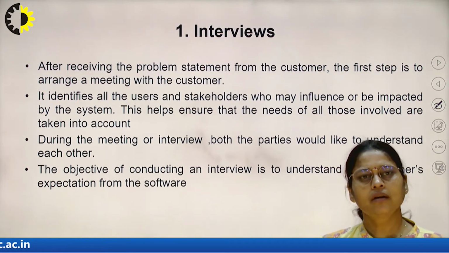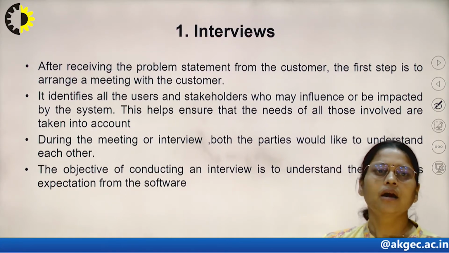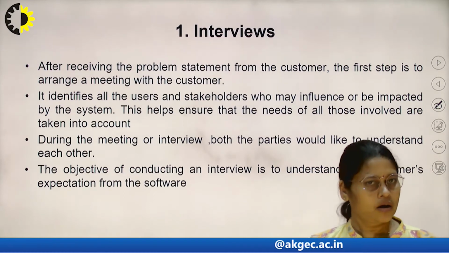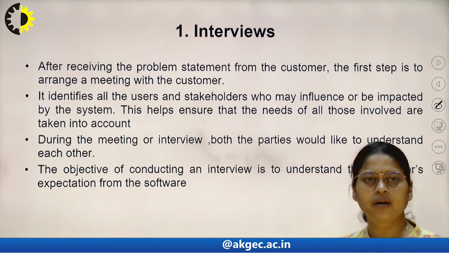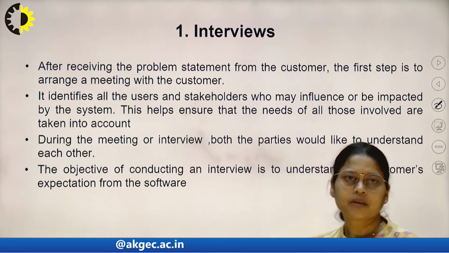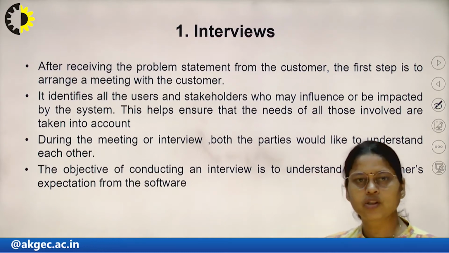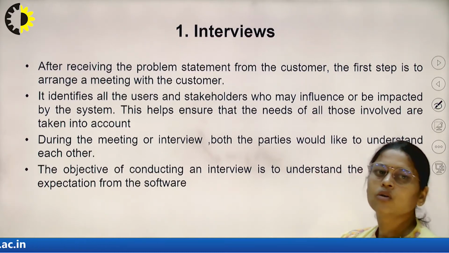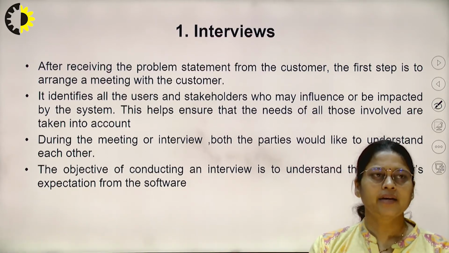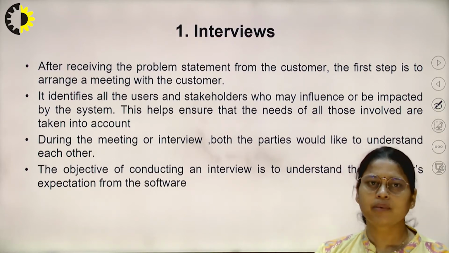After receiving the problem statement from the customer, the next step is gathering the information for the new software from the customer as well as other stakeholders of the company. The first step is to arrange a meeting with the customer. It identifies all the users and stakeholders who may influence or be impacted by the system.